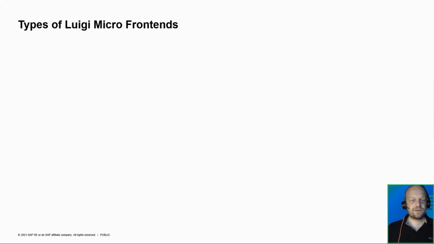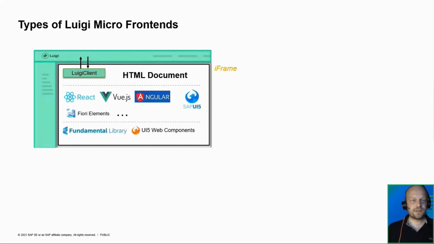Now let's have a closer look at what types of micro frontends we support. So I already said that there are mainly two categories, vertical and horizontal split. For the vertical split, Luigi supports integration based on iframes.